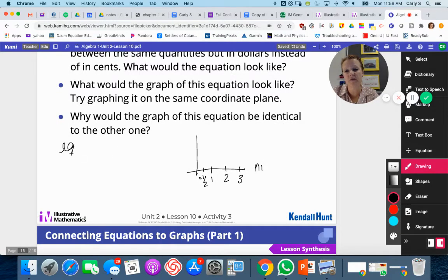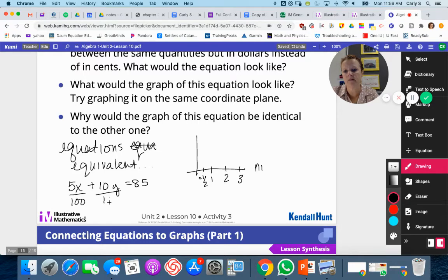Because the equations are equivalent. All I did was I had 5x plus 10y equals 85. I divided everything by 100. So that makes them equivalent. Okay, equivalent equations.